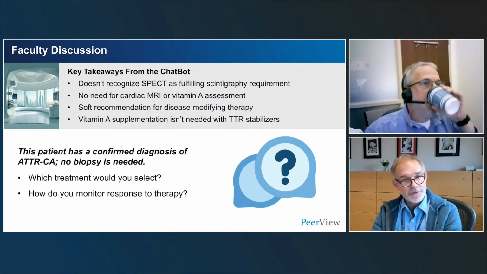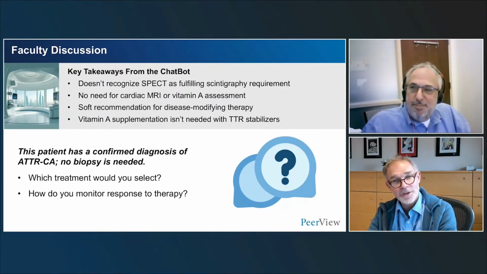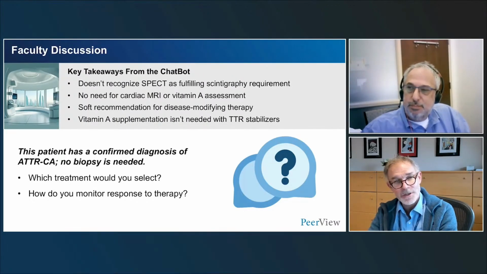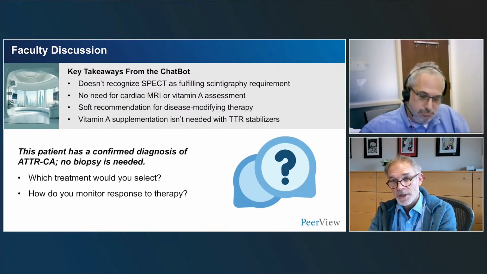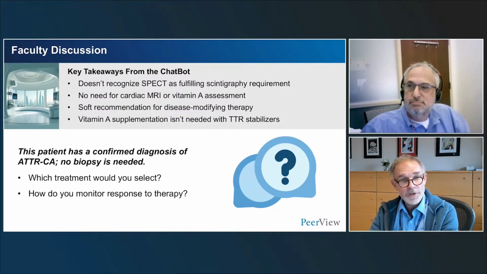That's two very difficult questions, I think it's fair to say. So at the moment, it's not a difficult question in our center because the only treatment that is currently funded, I should say, in the UK is tafamidis. In the event that we had, as you have, all three drugs, in my own personal opinion, and I stress it's a personal opinion, I don't think we have strong evidence that one drug is better than the other.